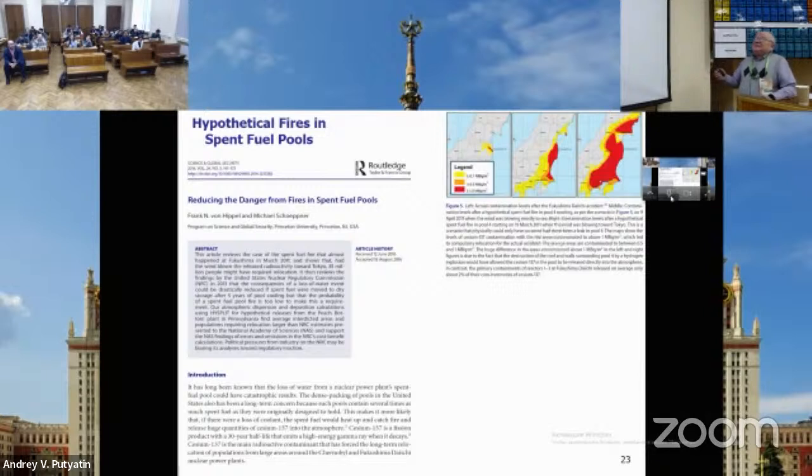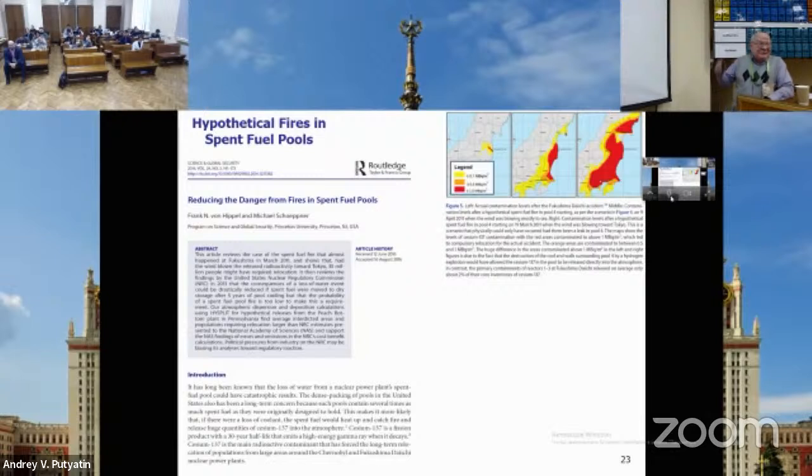So people were concerned about these pools. And here you can see the results of some calculations for the accident of these spent fuel pools.